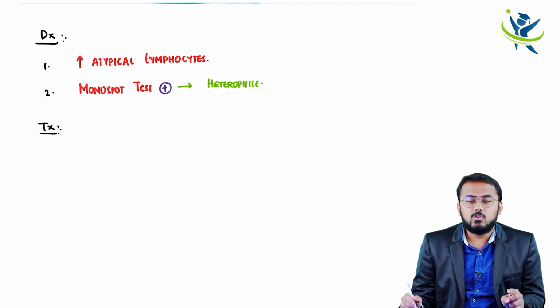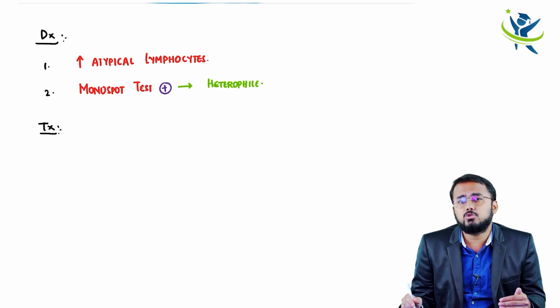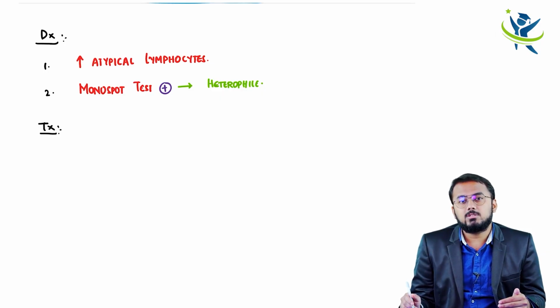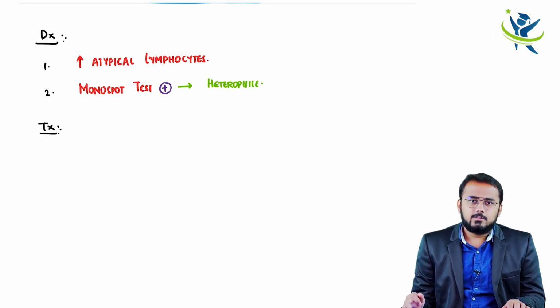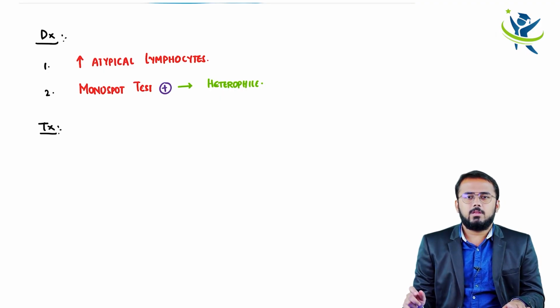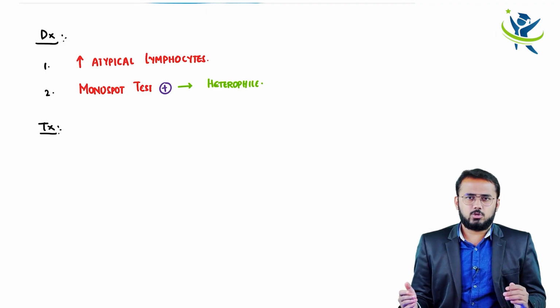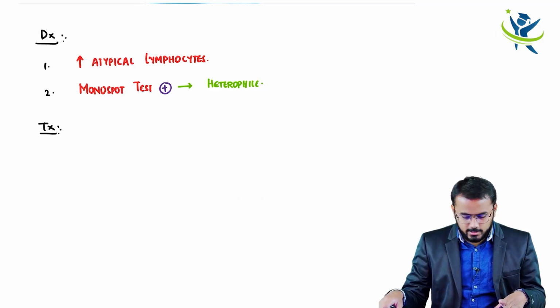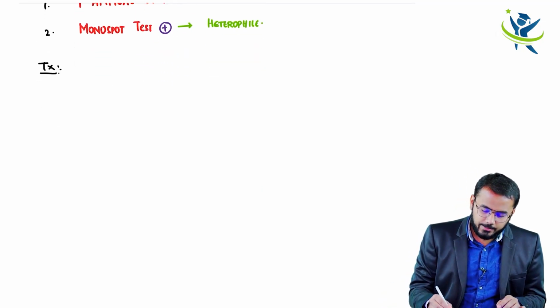So for that reason, we always tell these patients not to play any kind of contact sports, because if the patient plays contact sports, he will most likely have a spleen rupture. For example, if I am an EBV patient and I start playing contact sports, any type of sport where you see contact, like rugby and all of these, there is much contact and a high risk of spleen rupture.